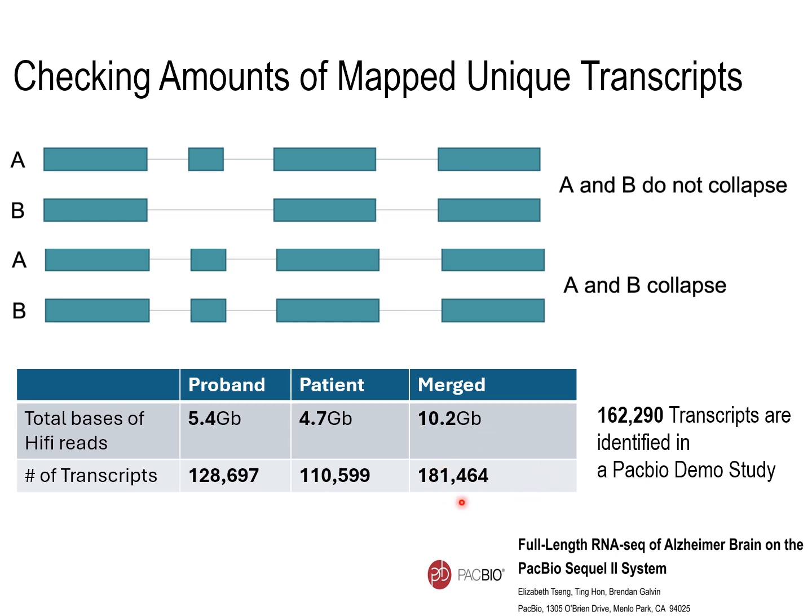This aligns well with PacBio's official documentation, which suggests that typical unique transcript counts range from 100,000 to 200,000 per flow cell. We used these transcripts to investigate the transcriptomic effects of our key pathogenic variant.